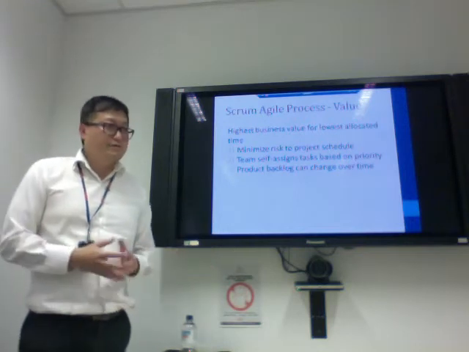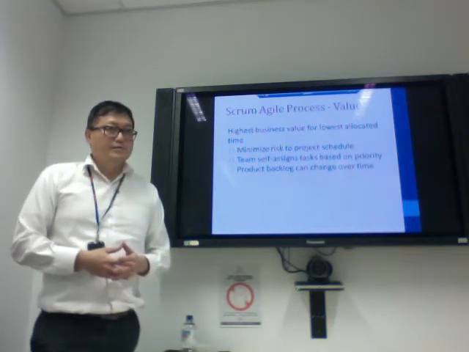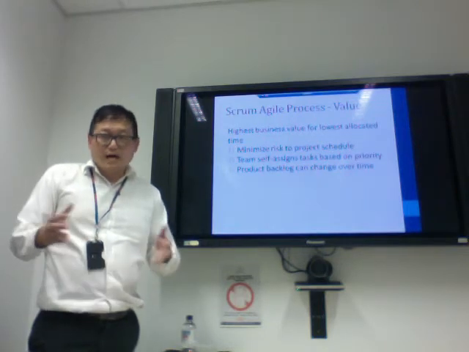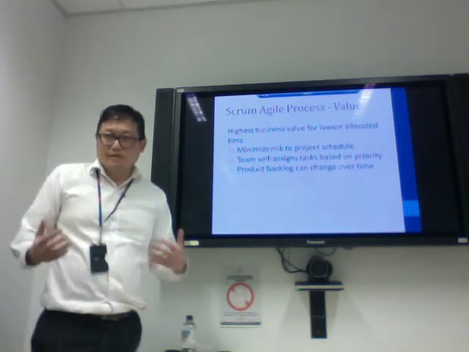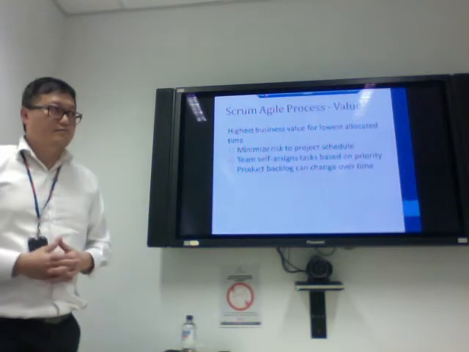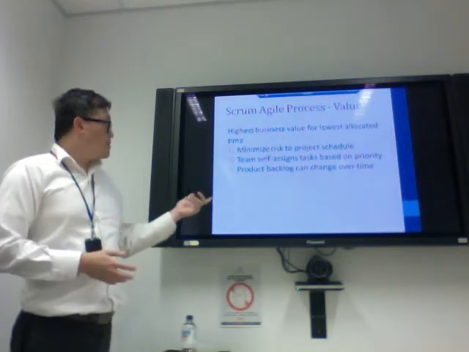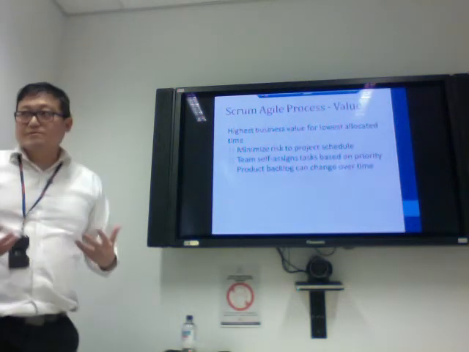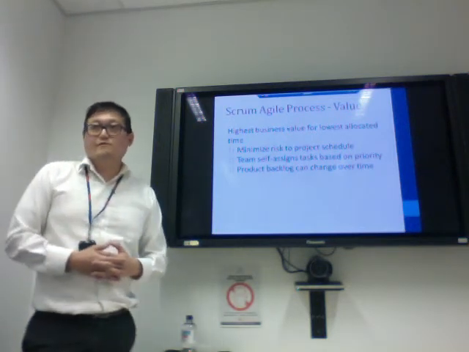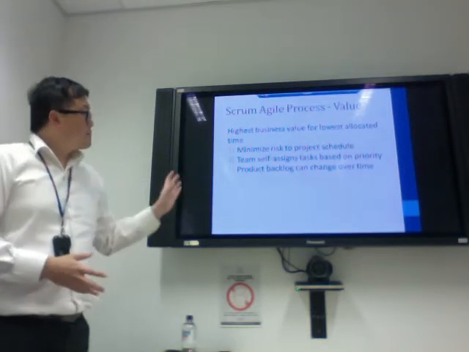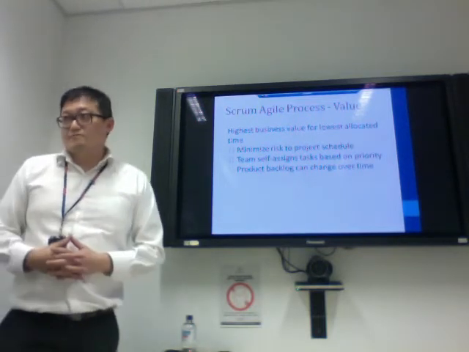So they are responsible for estimating the work as well as working together as a team to determine how the work should be done. So it's empowerment for the team, which is what leads to better efficiency and productivity. Product backlog can change over time. So flexibility is one of the main features of the Scrum Agile process compared to the traditional process. So this is an overview of what you get out of this process.